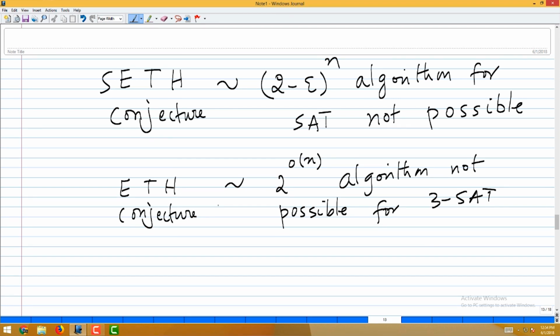There is a lot of recent research on this, where if you improve the algorithm for shortest path by a bit, then you can solve satisfiability in better than 2 power n. There are all kinds of such reductions, and this is really the current area of research in the algorithms world.